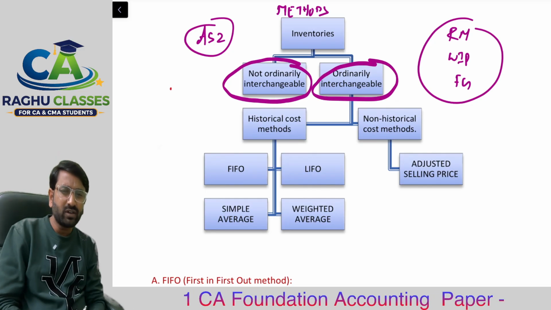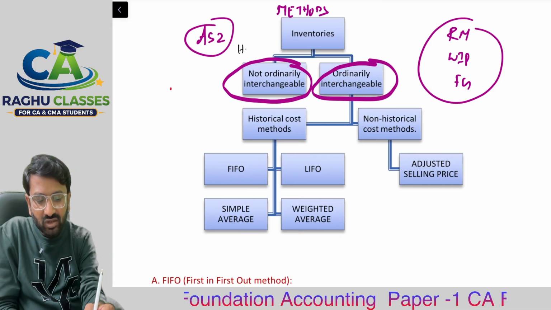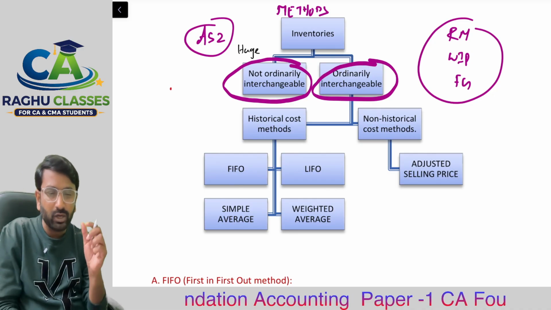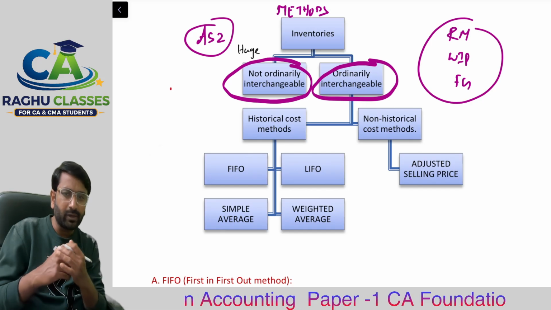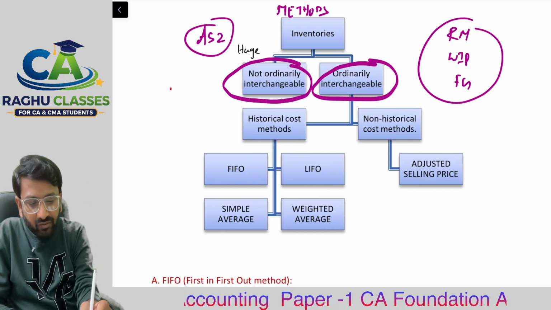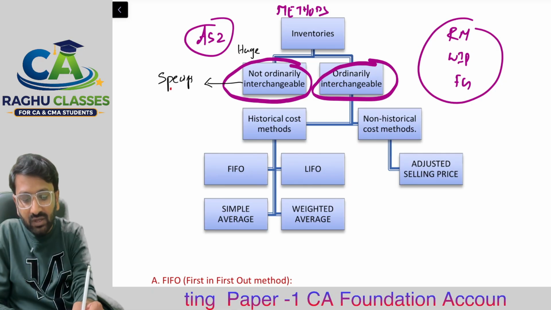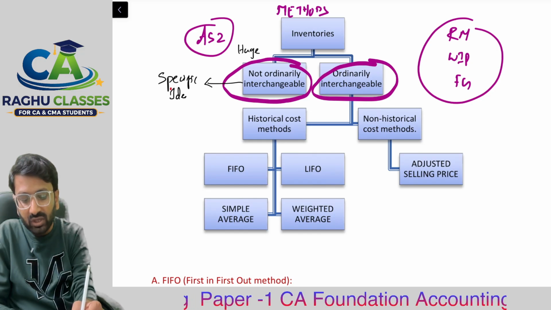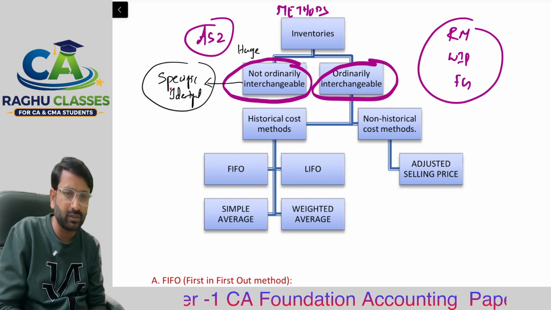When inventory is not ordinarily interchangeable, normally these are huge value items that can be identified separately. For these kinds of inventory, we follow the specific identification method. Only remember the theoretical name; we don't expect any problems on this method.